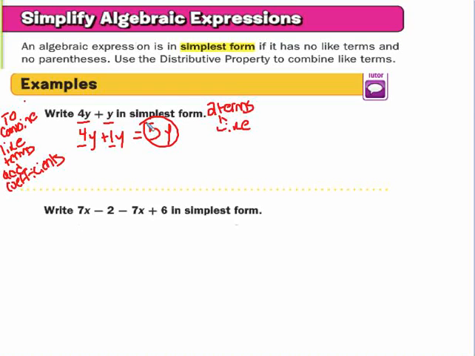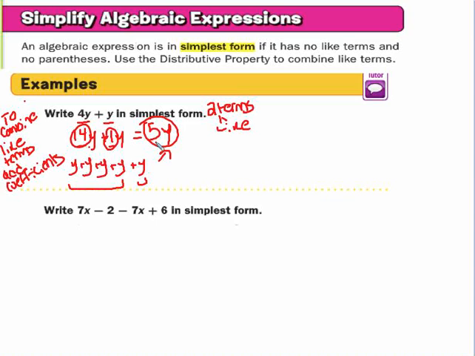Now you might look at that and say, but how do I know that's 5y? Well, 4y, that's just 4 y's put together. And one more y is going to give me that 1y. So I'm putting 4 y's with 1 y. That gives me 5y. So it's just easier for me to add the coefficients and get straight to the point.